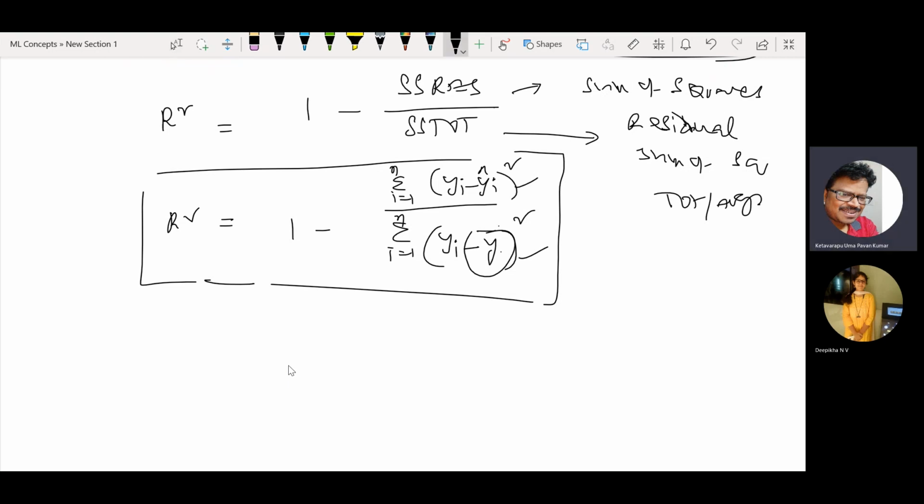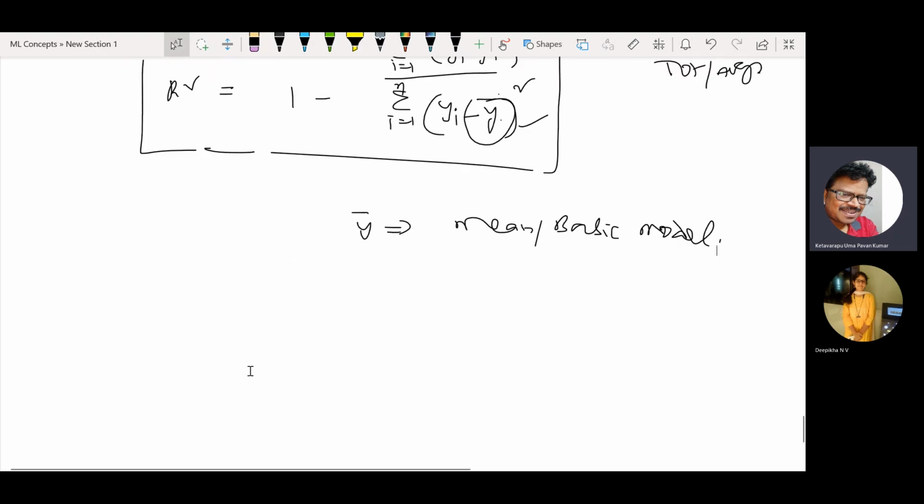So y bar specifies the mean, or basic model. Sometimes you need to follow this convention. Suppose I have the mean model, then I can even see what the performance is. If the prediction performs worse than the basic model, your model is a very bad model.